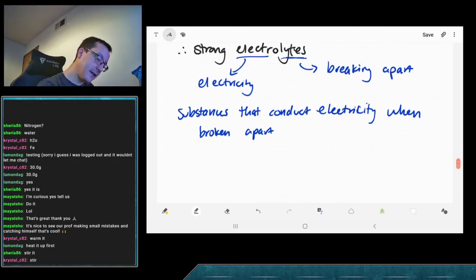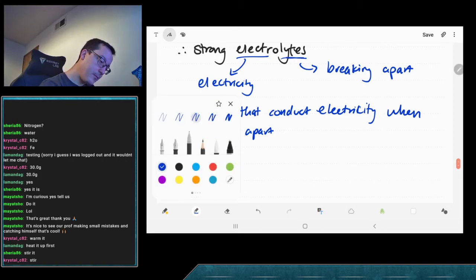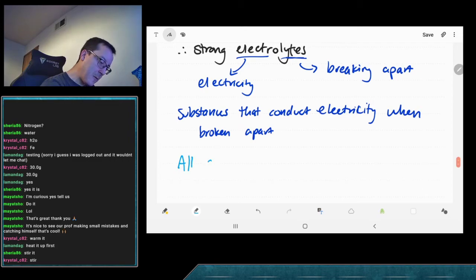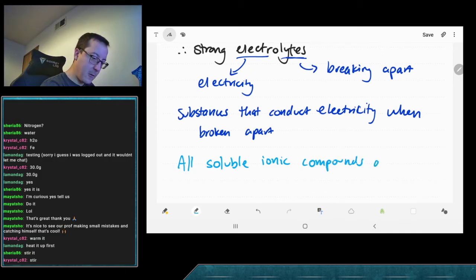And we're going to see that all soluble ionic compounds are strong electrolytes.